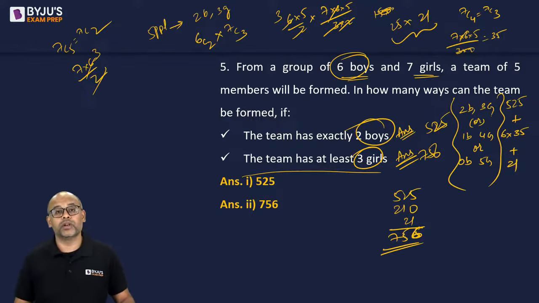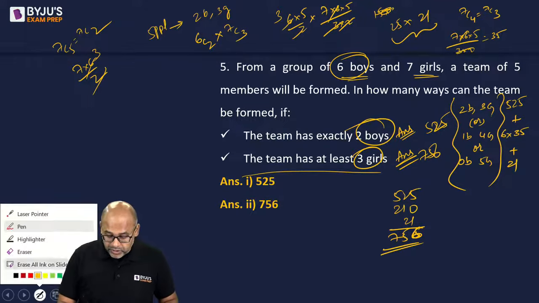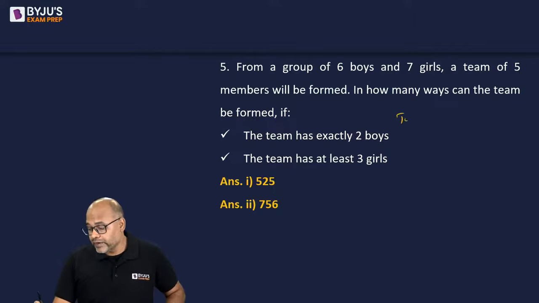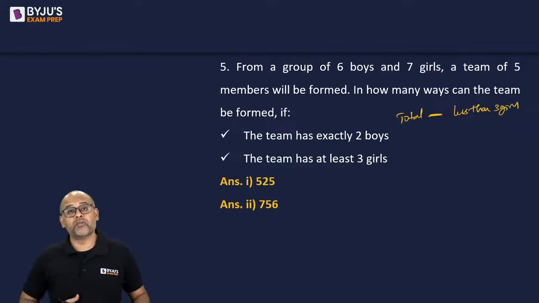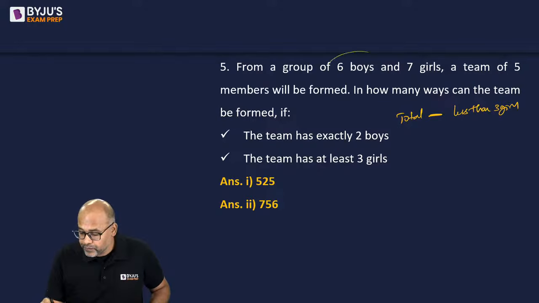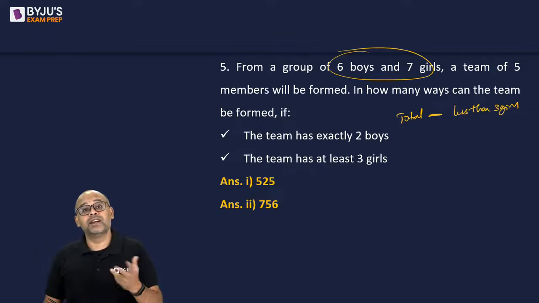Take the cases that you want. You can also do this in a second way. The second portion can also be done in a second way. Total ways minus less than 3 girls. So what is the total number of ways? Total number of ways is you have 7 plus 6, 13 people.